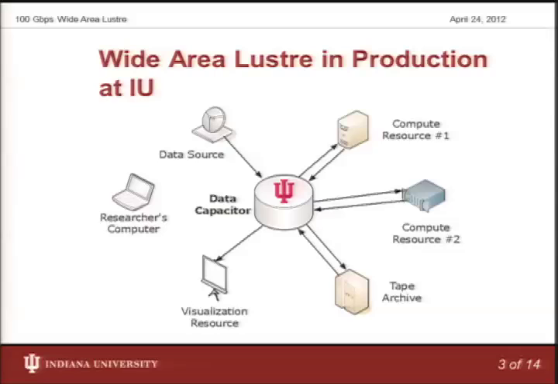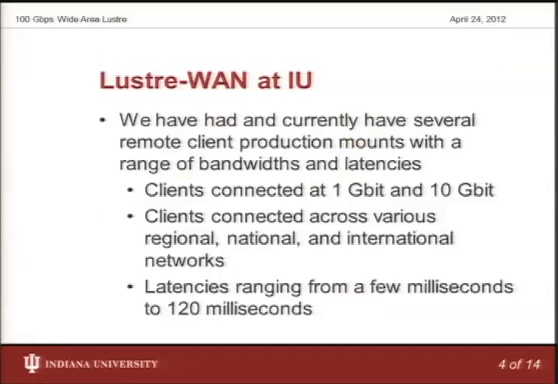And so we've been doing that for several years now and had a lot of experience mounting the data capacitor WAN from lots of different sites. So we currently have a wide distribution of remote clients geographically, and we've had clients anywhere from 1 gigabit connections to 10 gigabit connections, all the way down to a few megabit connections. Those guys aren't super happy with us, but it's really the network's fault, is what we tell them.